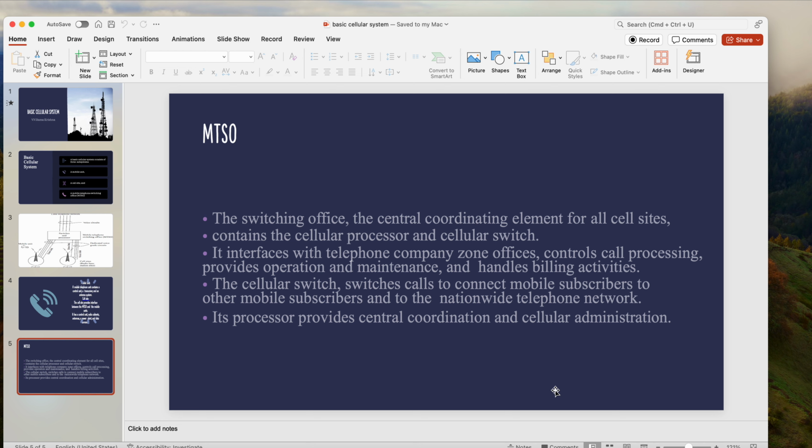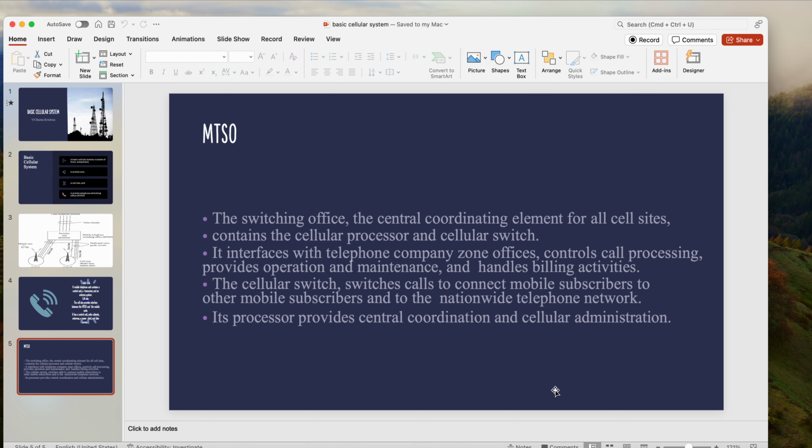For example, if subscriber 1 dials the number of subscriber 2, initially the call will go from subscriber 1's mobile unit to the cell site, and the information from the cell site goes to the central switching office. The central switching office will identify the number dialed. After identifying the number dialed, it will search where that particular person is present.